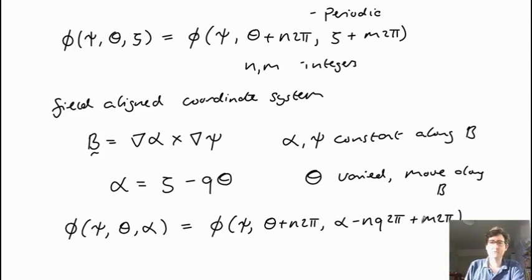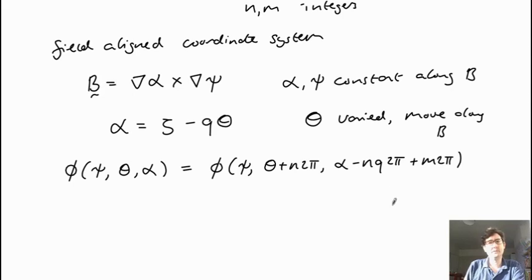This is much harder to enforce, particularly as q depends on psi. If we're looking at a function which depends on psi in the radial direction, this periodicity constraint is now a function of psi.